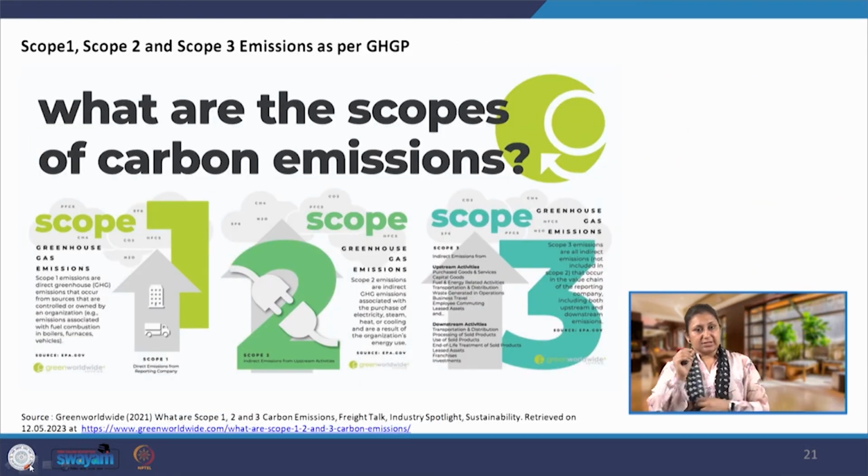Now, this is the last slide of today's lecture. We are not going to discuss scope 1, 2 and 3 emissions which are given in GHGP. We will be discussing them separately from the third lecture onwards of this week.